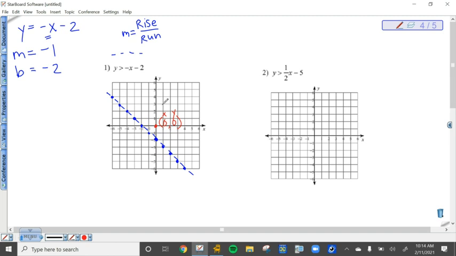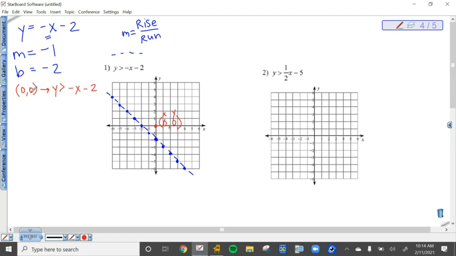And then I take those numbers, I'll write it over here too, 0, 0, and I plug it in to my original inequality. y is greater than -x minus 2. And I'm going to check to see if this is correct.